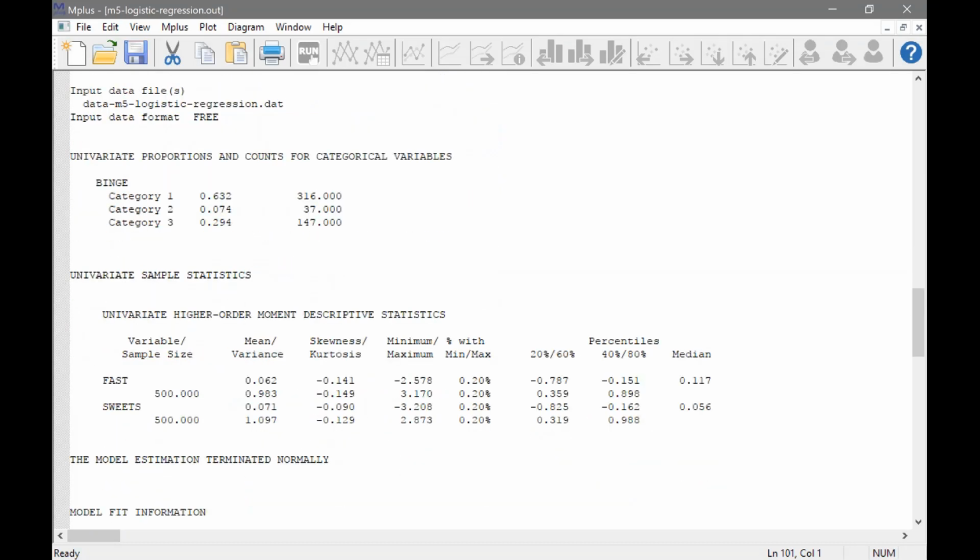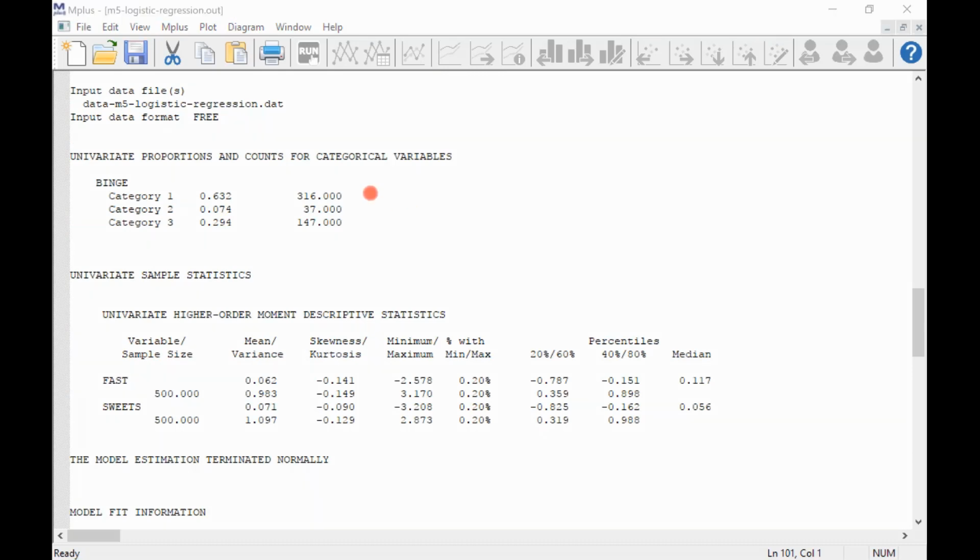Scrolling down a bit more, because this is an ordered categorical variable, you get this section here. It tells you how many people you had in each category of response for binge eating. So for example, in the category of never, you had 63.2% of the sample, comprising 316 people.